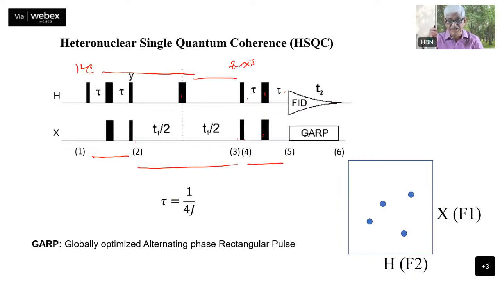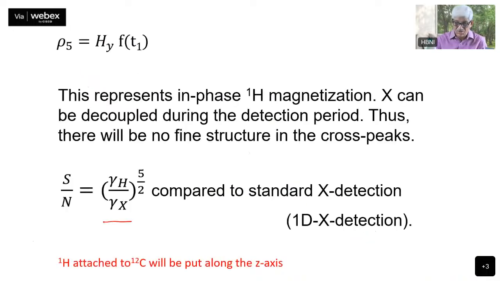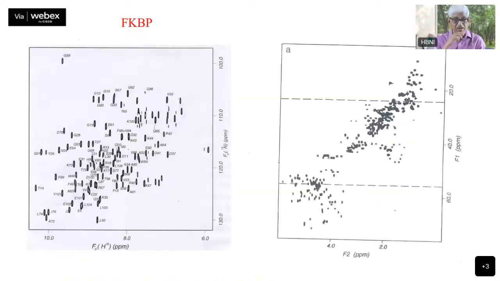It will not show up in the detection of the proton signal. That is how you detect only the ones which are attached to C13. So the protons attached to carbon 12 will be put along the z-axis before the last 2τ period, and then they will not come back to the transverse plane, and therefore we will not detect them.